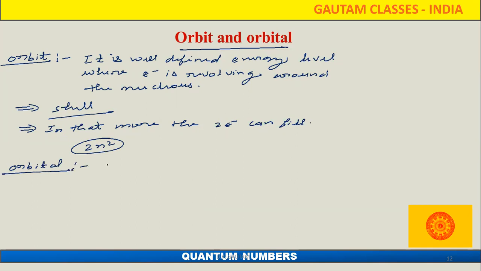It is the region in space where the probability of finding the electron is maximum.